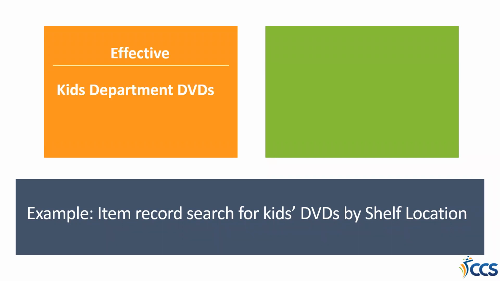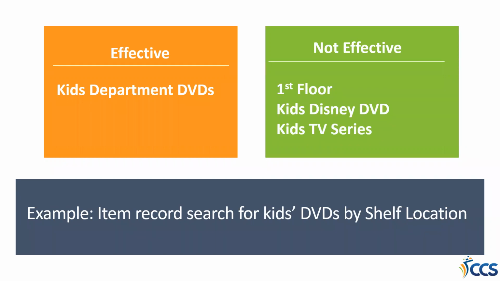Now, this suggestion would probably work really well for a library that has a designated kids department DVD shelf location. However, another library may have a very broad shelf location like first floor or kids room, or maybe there's another library that has more specific shelf locations like kids Disney DVD or kids TV series.